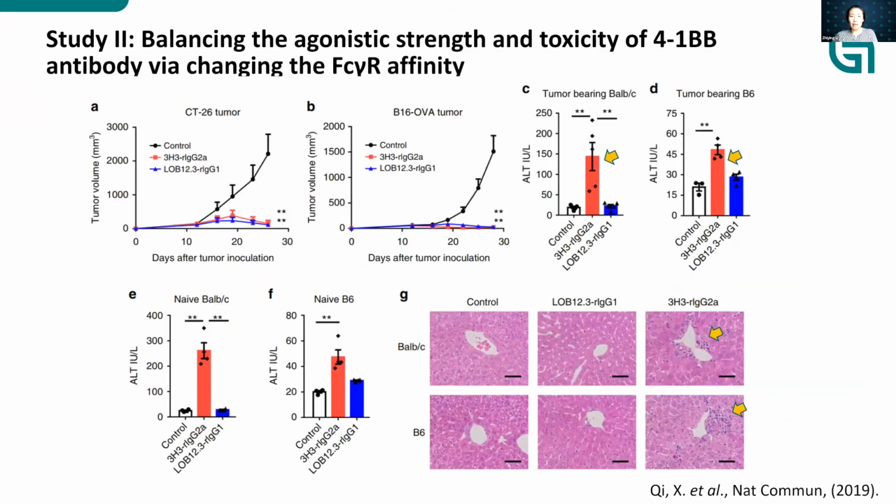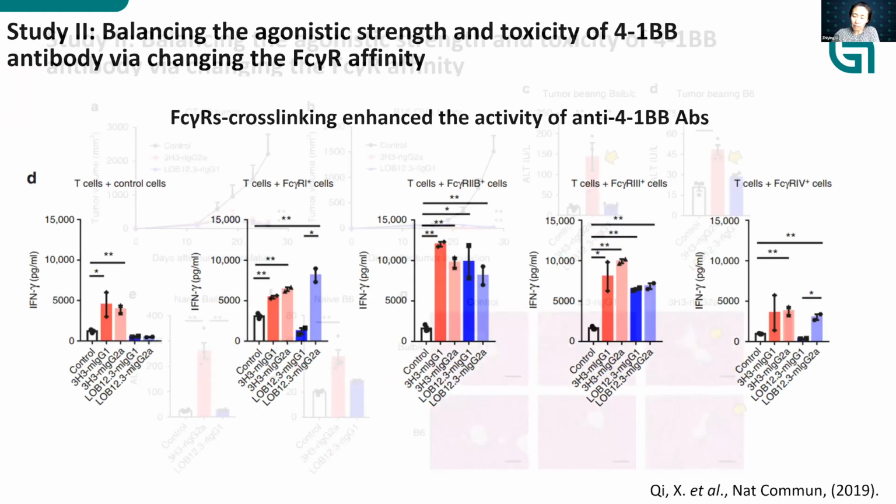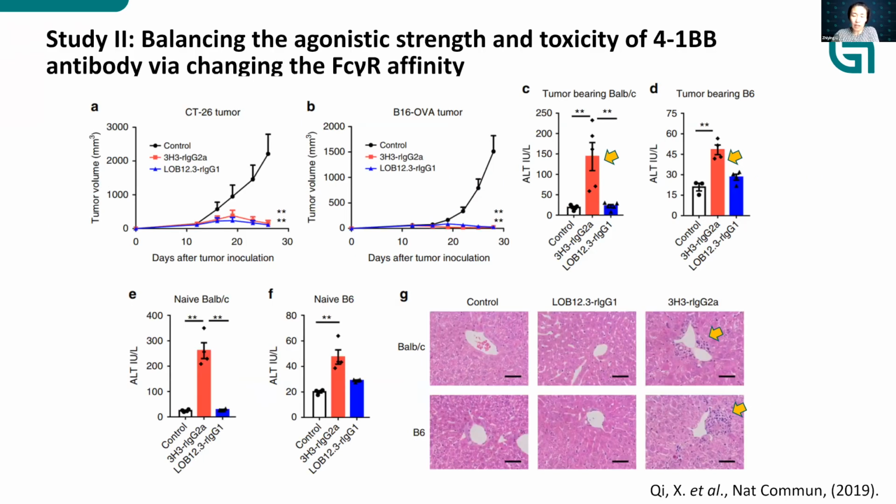In my opinion, it will become a very classical experiment, looking at how the 4-1BB antibody worked in the preclinical and clinical phases, and where the fundamental contributing factor is between the difference of the preclinical results versus the clinical results. It is a very complex paper. I want to take you through it, and I hope I can provide you enough information as well as a clear description of the data to walk you through.